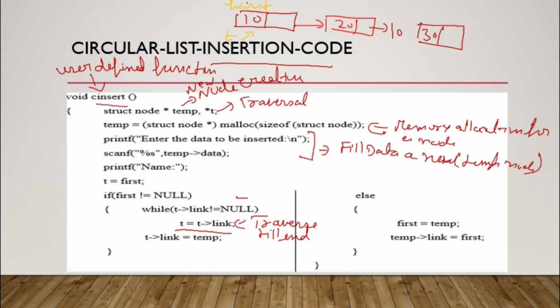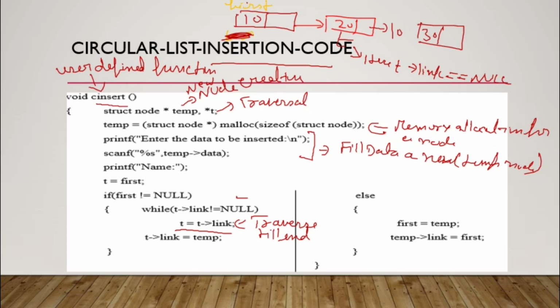We do t is equal to t of link. So t which was here moves and reaches here, and t of link becomes equal to null.